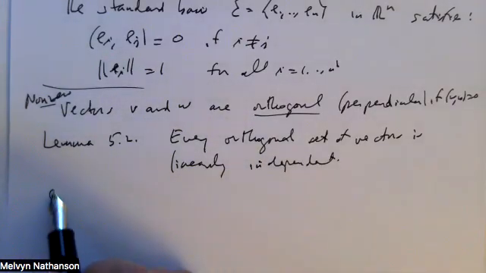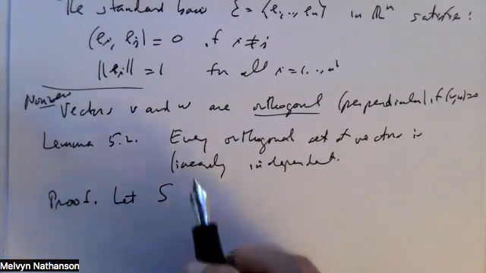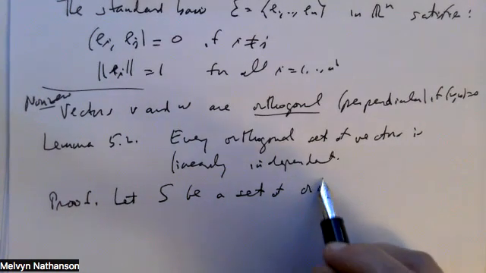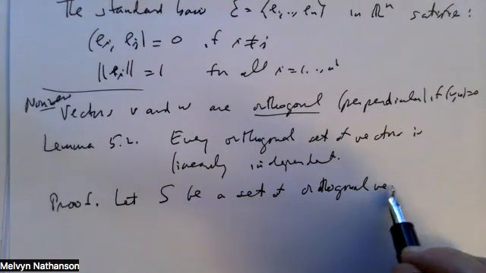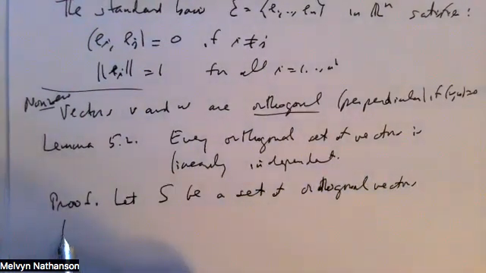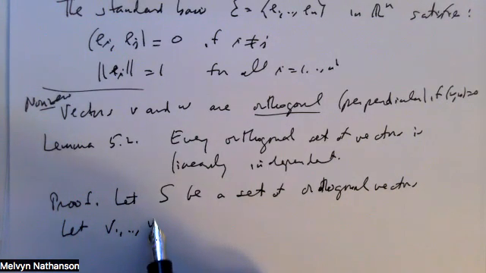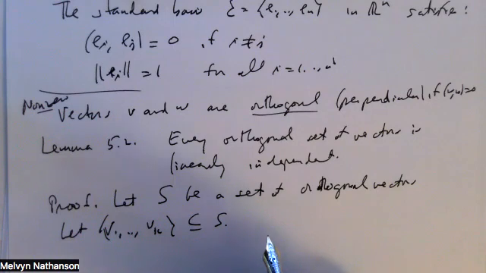Proof. Let S be a set of orthogonal vectors, and let v1 up to vk be a subset of S. I want to show these vectors are linearly independent.